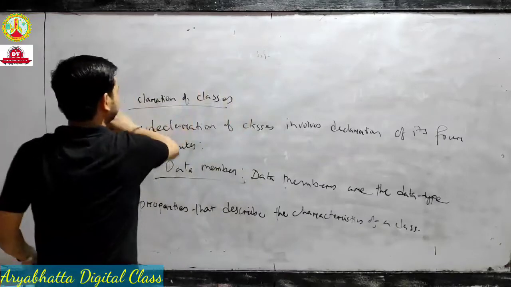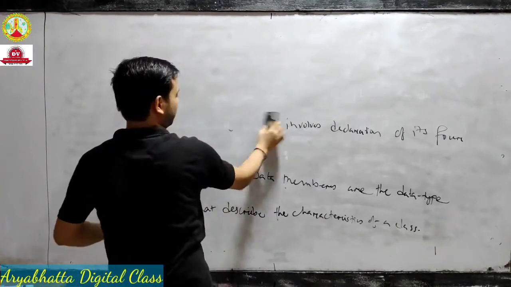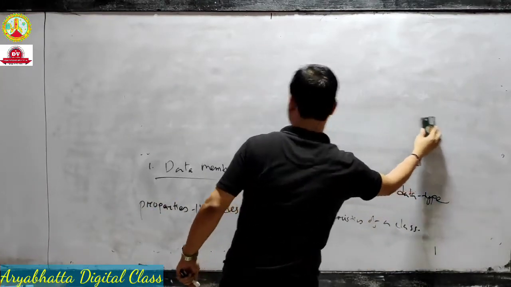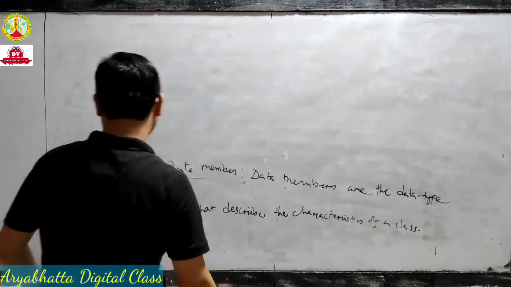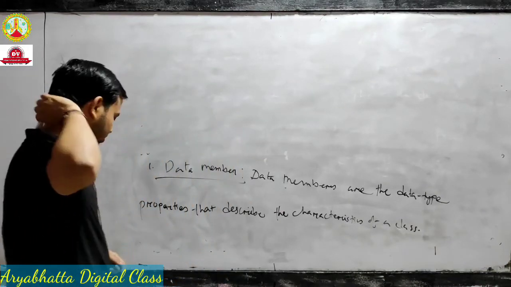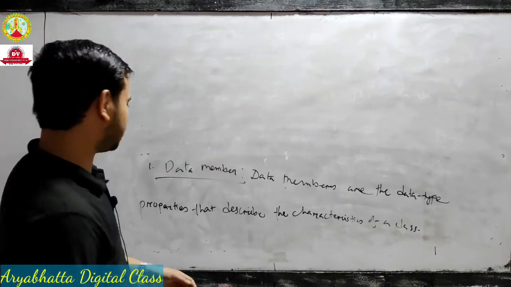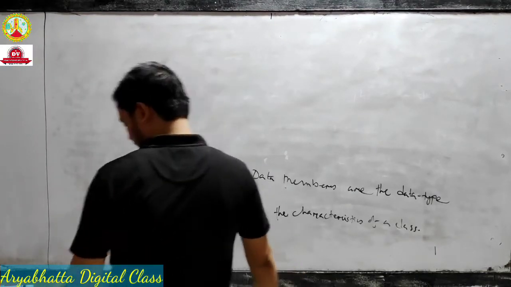I erase this part. You note down this. This is very important, coming for 1 or 2 marks, mainly 1 mark in the exam. What is a data member, and what is a member function, that type of question is also important for the viva exam in your practical. See, data members are data type properties that describe the characteristics of a class.